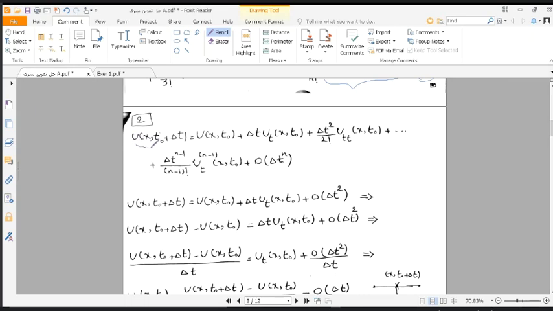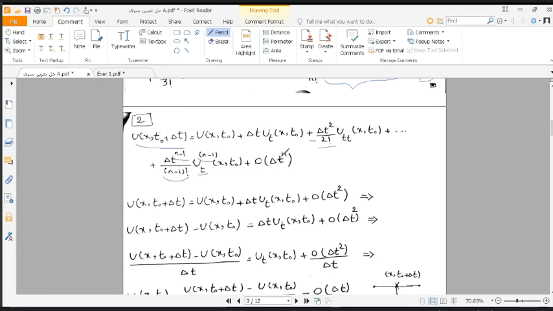U of x and t0 plus delta t equals u of x and t0 plus delta t ut of x and t0 plus delta t2 over 2 factorial utt of x and t0 plus up to delta t n minus 1 over n minus 1 factorial, u n minus 1 with respect to t of x and t0 plus O of delta tn.